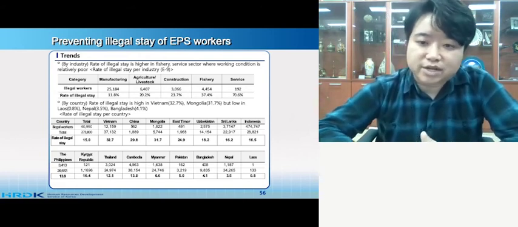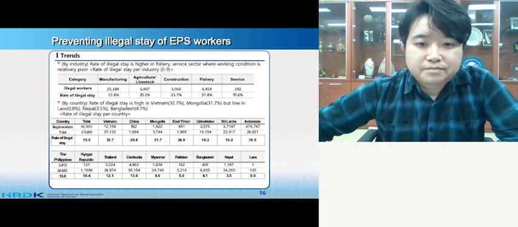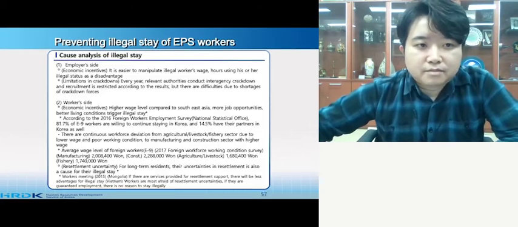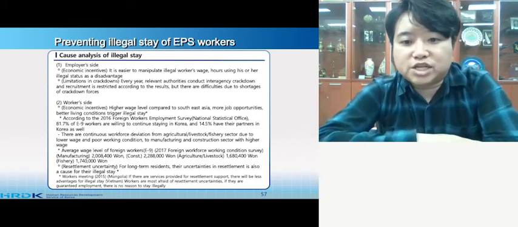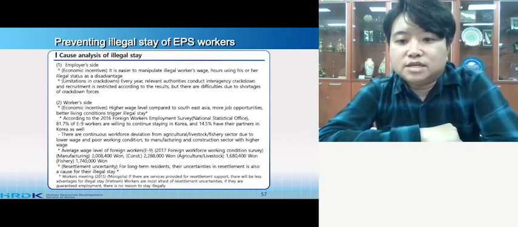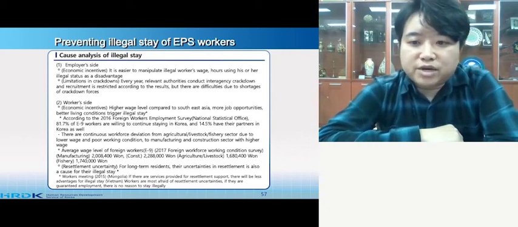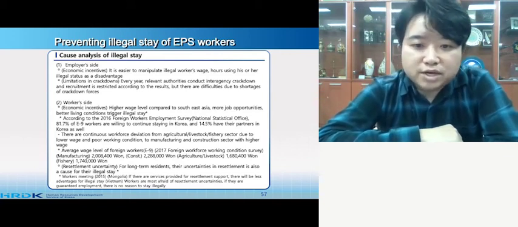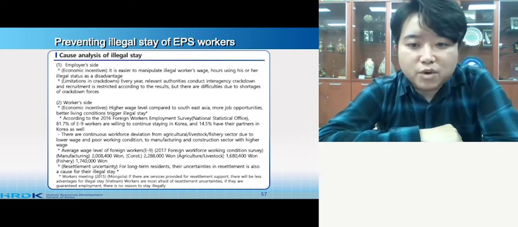It's kind of complicated. So basically, we can check the reason why workers stay illegally in Korea. We have both views, for employer and worker, but the common point for both is economic.